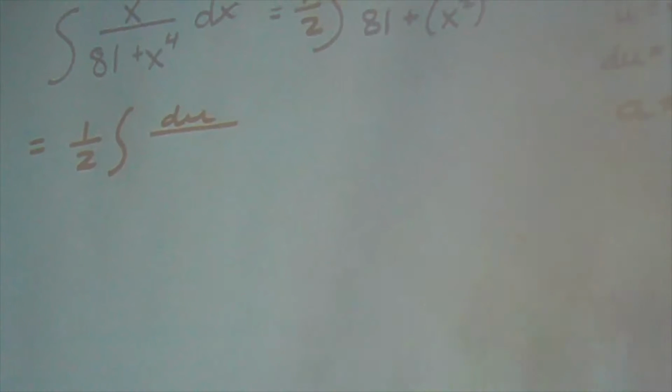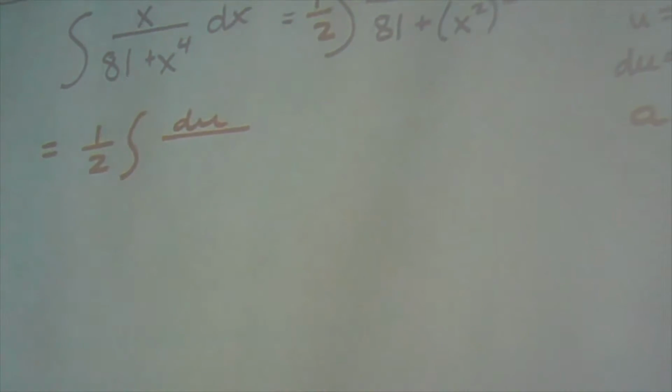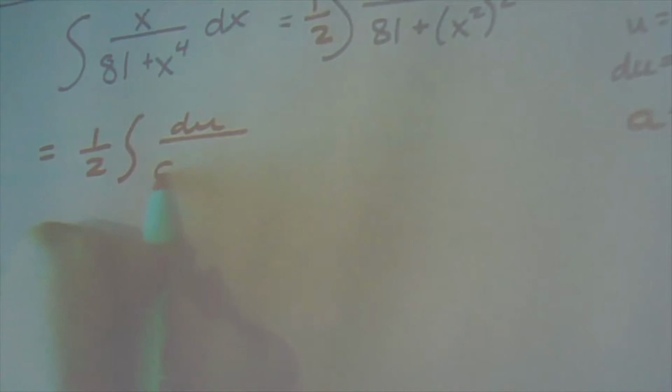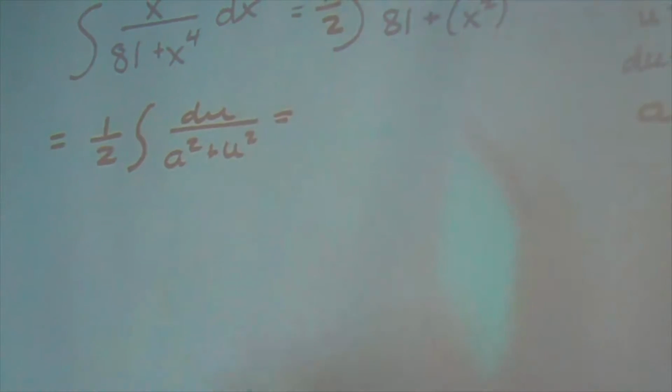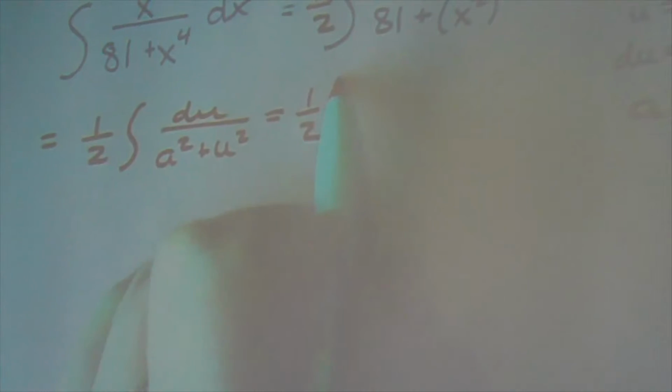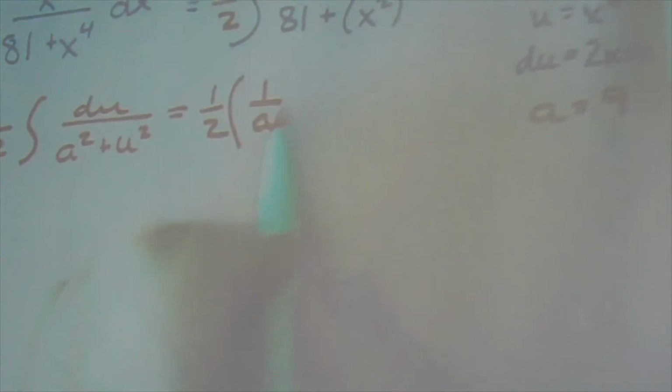integral of du over, oh, what's a? 9. So can I just put a squared plus u squared? Would that be okay? Yeah. So 1/2 times, what's the integral for arctangent again? 1 over a, arctangent u over a, plus c.